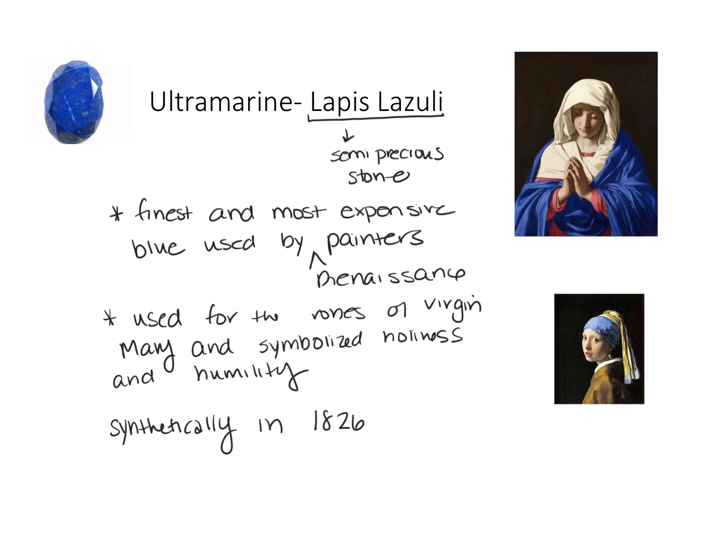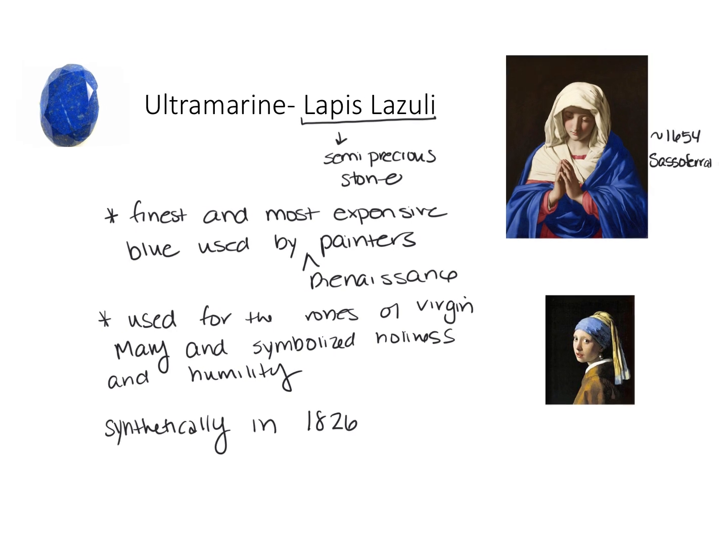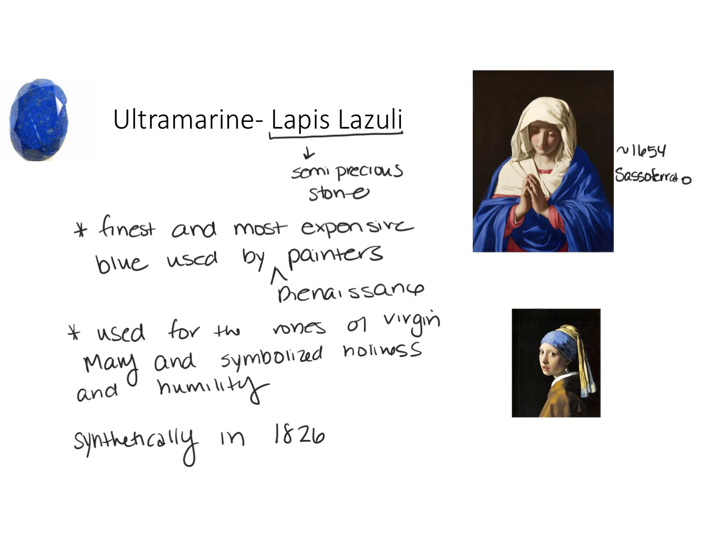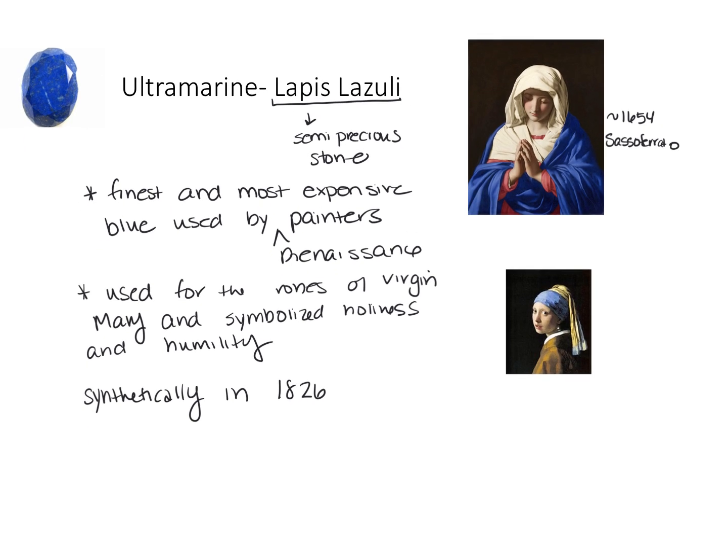This is a painting titled The Blessed Virgin Mary. This was painted in approximately 1654 by Sassoferrato, I think is how you say it. Right? And her blue cloak here is painted in ultramarine.